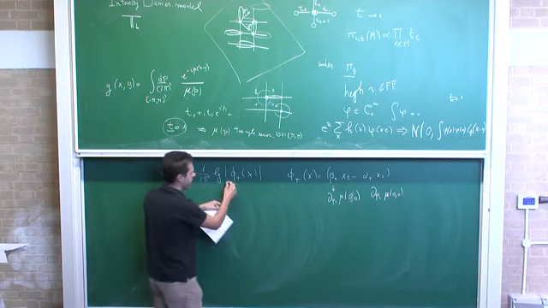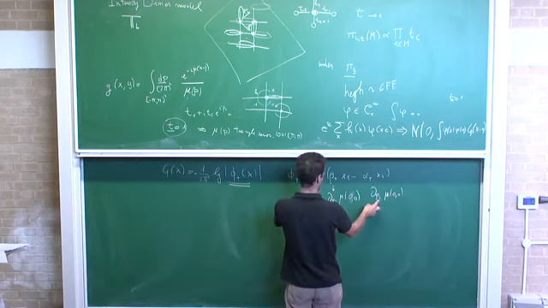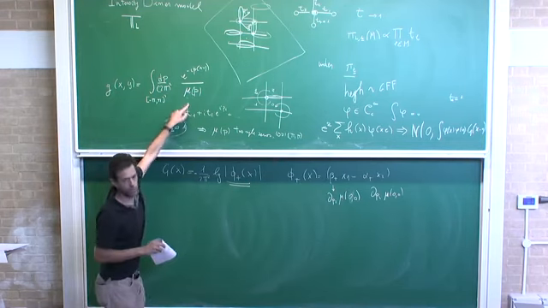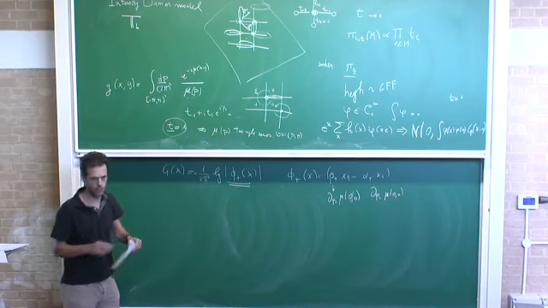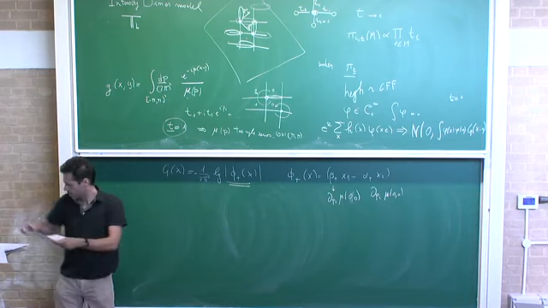But it has a very specific form, which involves the way this mu vanishes at the singularities. This is something I did last time.